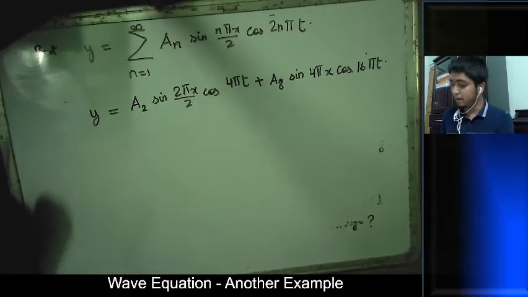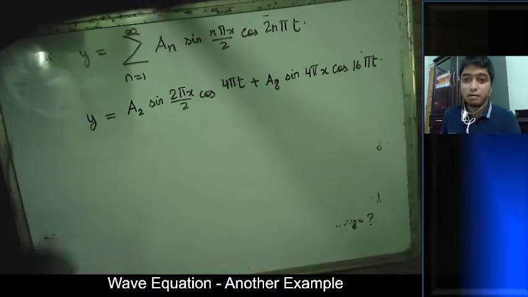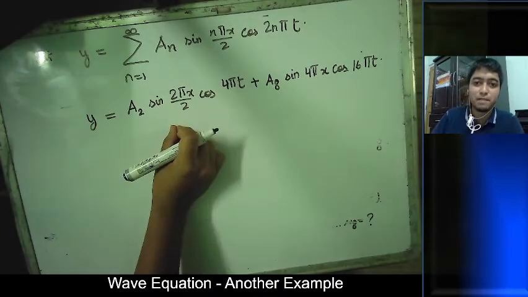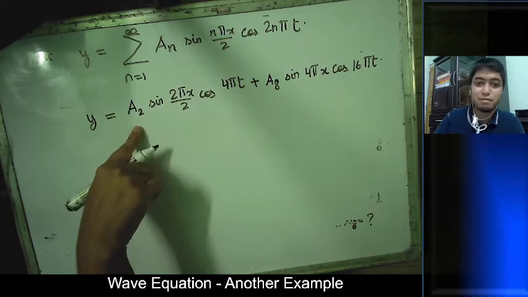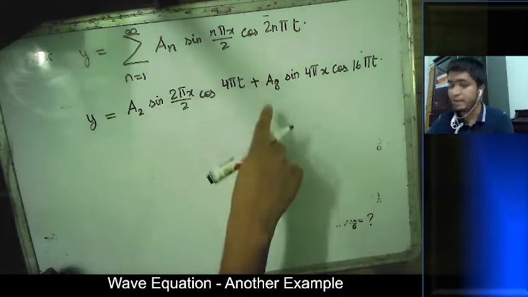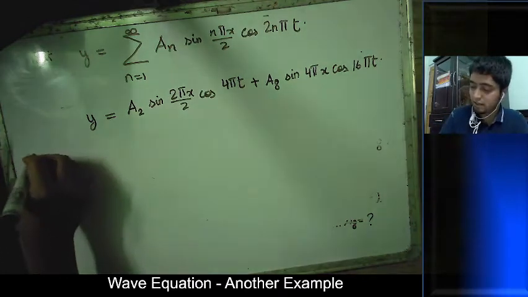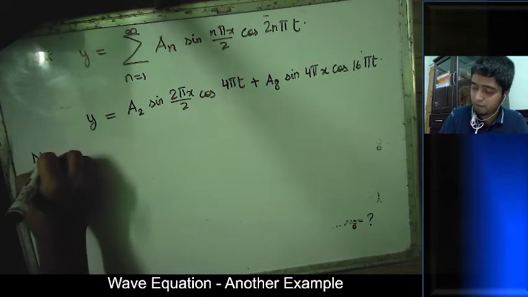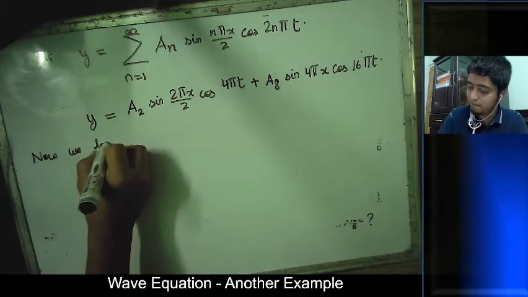So this is what we are having, but this is not a complete solution, because to get the complete solution we will need a₂ as well as a₈. Now we look at the initial conditions again.